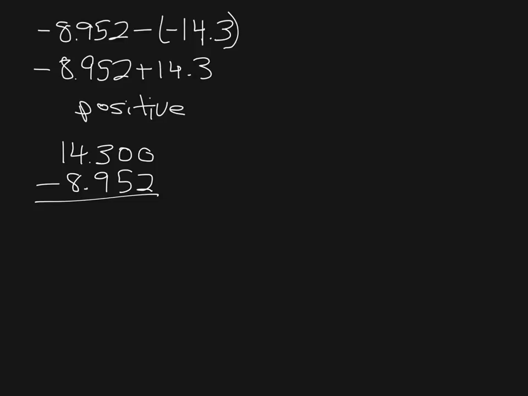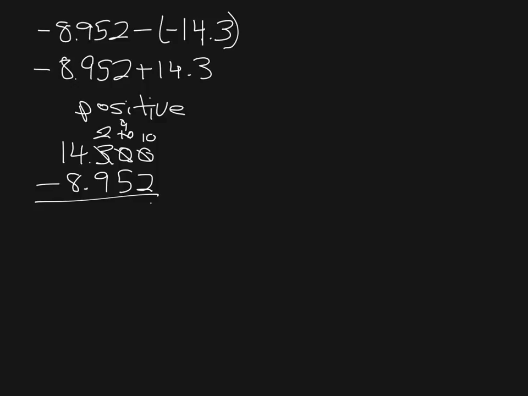Now I want to do 0 minus 2, but I can't do that, so I have to borrow from this 0 here, but I don't have anything to borrow from that other 0, so I'm actually going to have to borrow from here, make that a 2. This 0 becomes a 10, and now I can borrow for this 0 by taking away from here, making that a 9, and this becomes a 10.